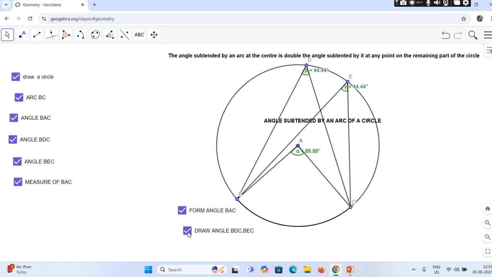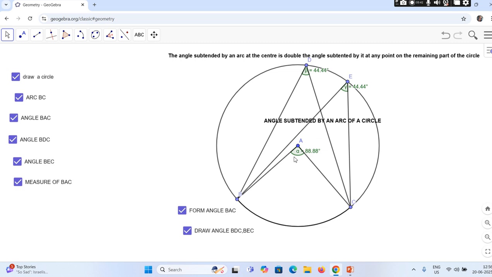You are able to visualize that the angle subtended by the arc at the center, which is angle BAC, is of measure 88.88 degrees, and if this arc is subtending the angle at any remaining part of the circle, say angle BDC, BEC, these are the angles which arc BC subtends at the remaining part of the circle.